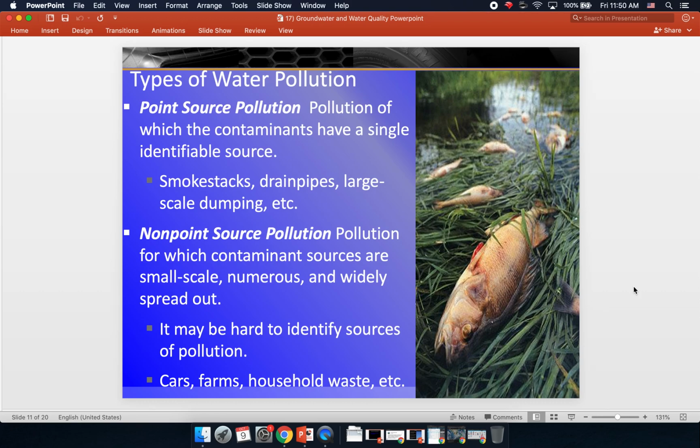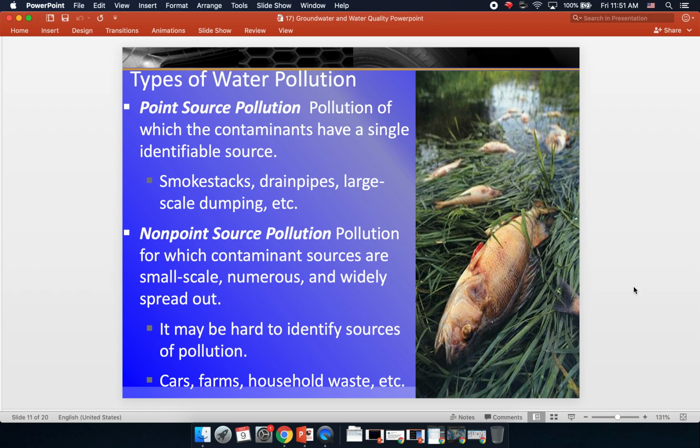This is pollution for which the contaminant sources are small scale, there's many of them, and they're widely spread out. So in this case, a lot of times pollution can almost go unnoticed because it's coming from many, many small sources, and it's not really easy to identify the source and correct it.